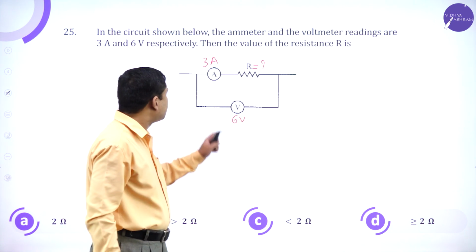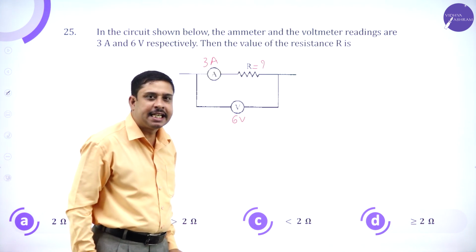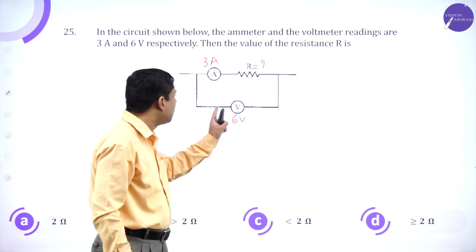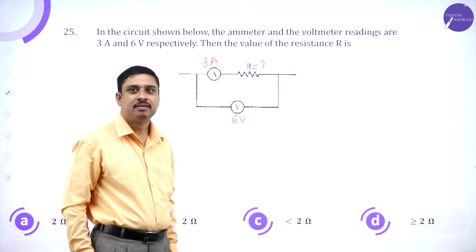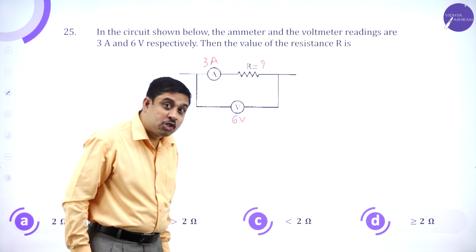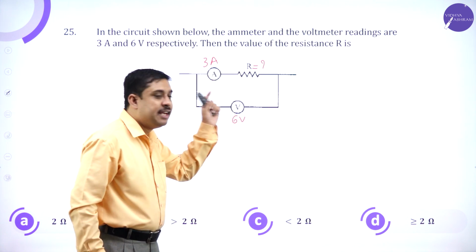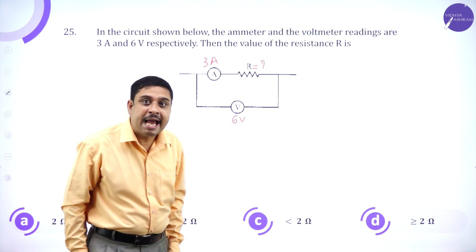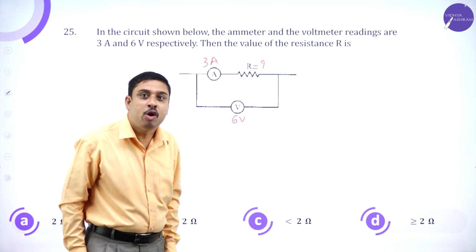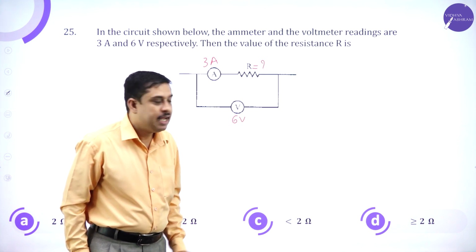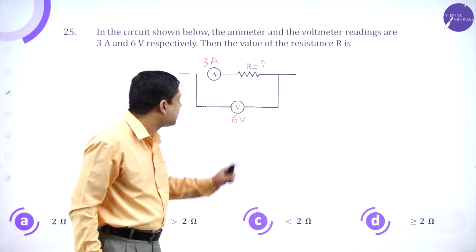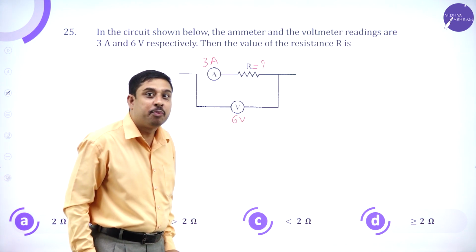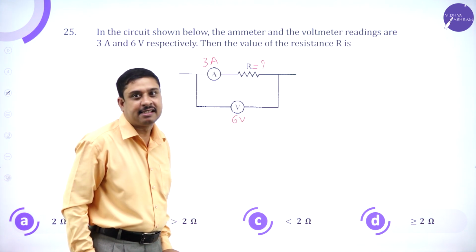The problem says ammeter reading is 3 amps, voltmeter reading is 6 volts. If so, students, if they are ideal ammeter and ideal voltmeter, an ideal ammeter should have 0 resistance. Ideal voltmeter should have high resistance.